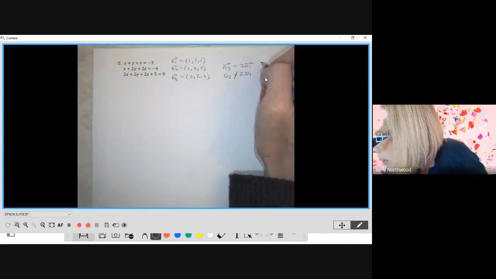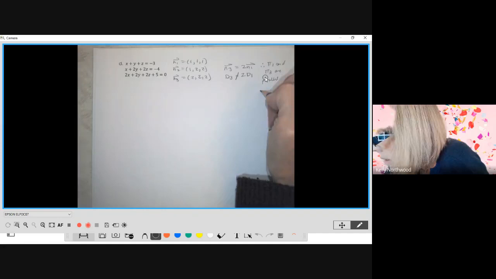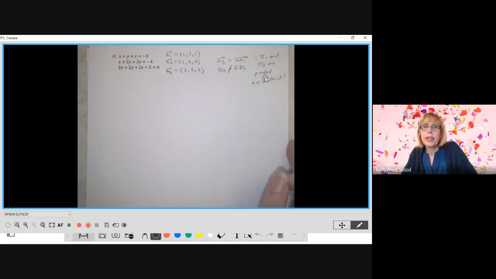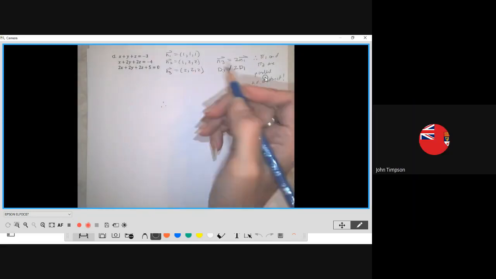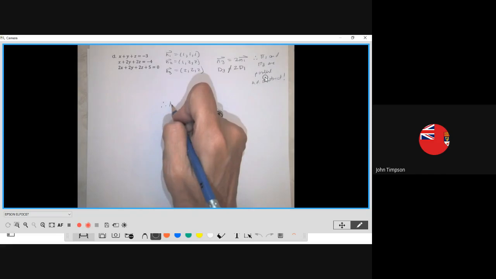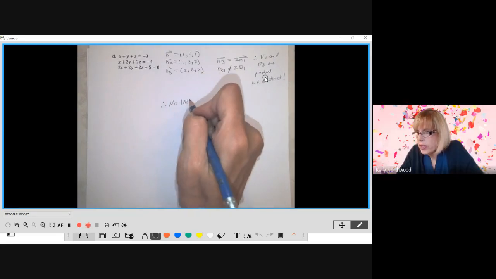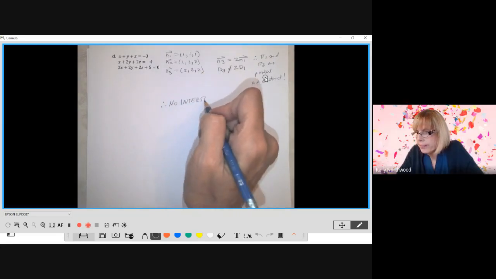So that means pi 1 and pi 3 are parallel and distinct. And what can we conclude based on the fact that we know pi 1 and pi 3 are parallel and distinct? There's going to be no point when they all three come together. Right, no intersection of all three planes.